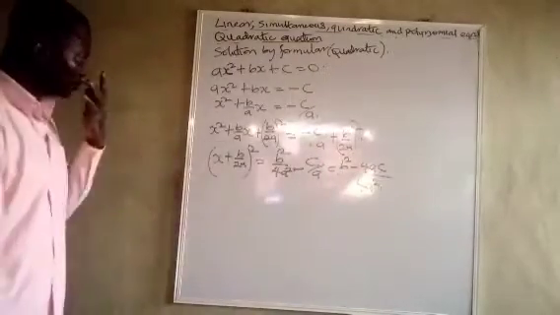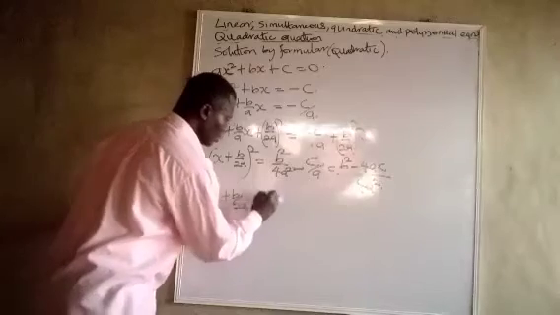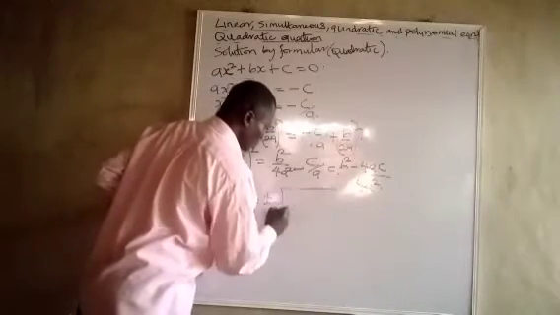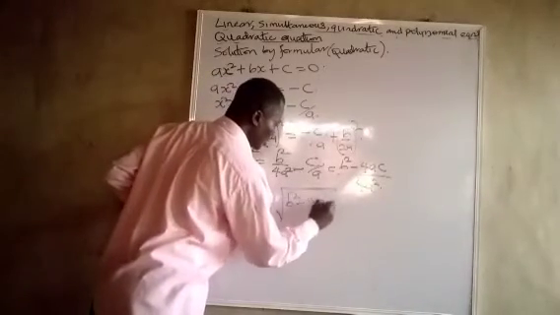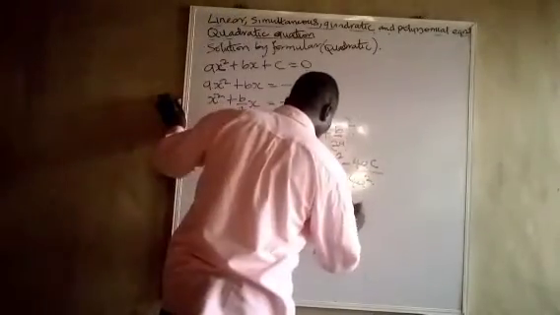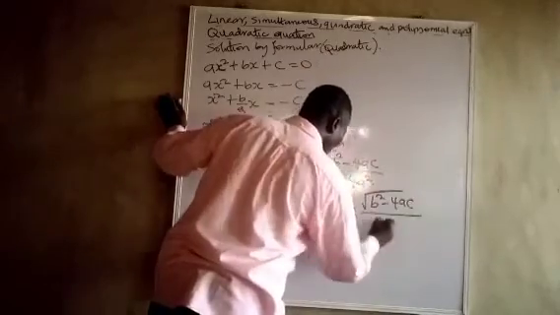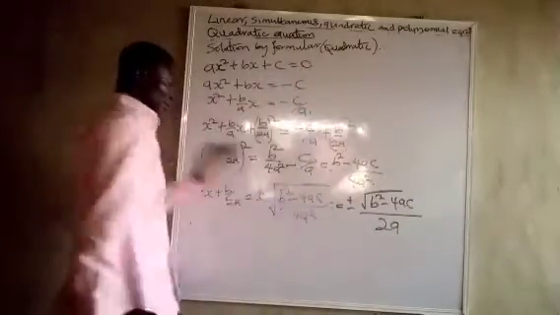Now, let me square root both sides. So I have x plus b over 2a is equal to plus or minus the square root of b squared minus 4ac over 4a squared. So this one gives me plus or minus root b squared minus 4ac over 2a. You know, the root of 4a squared is equal to 2a.